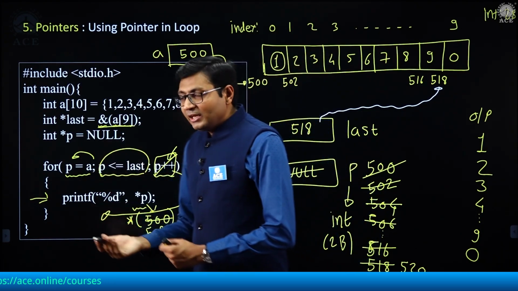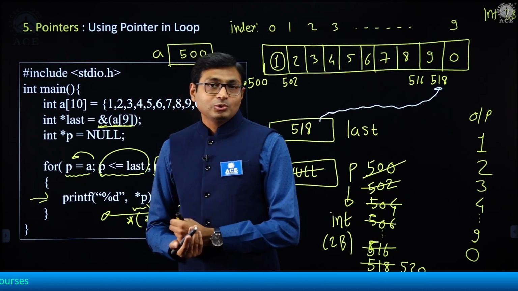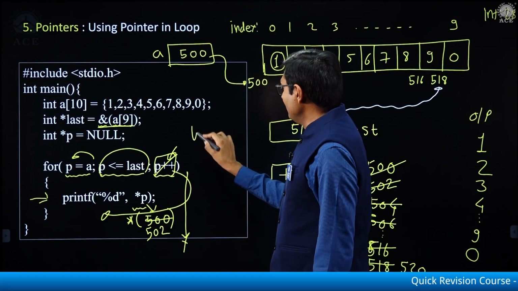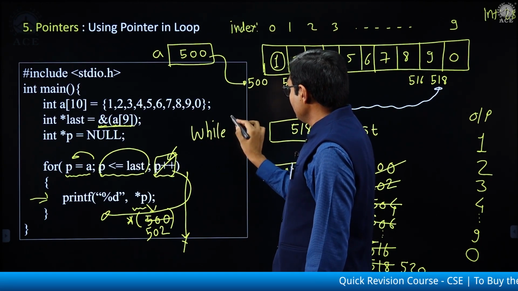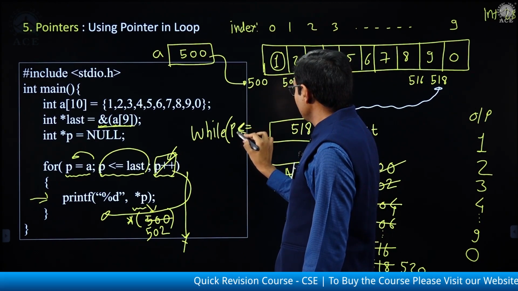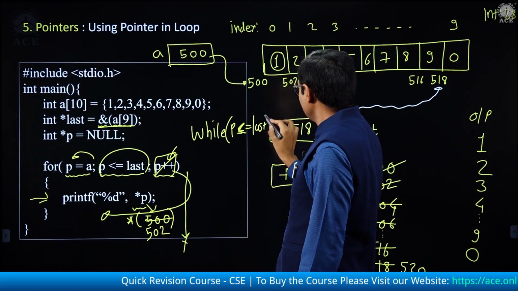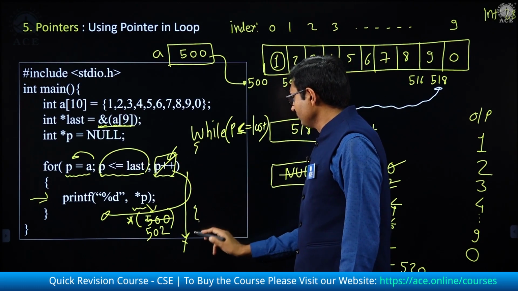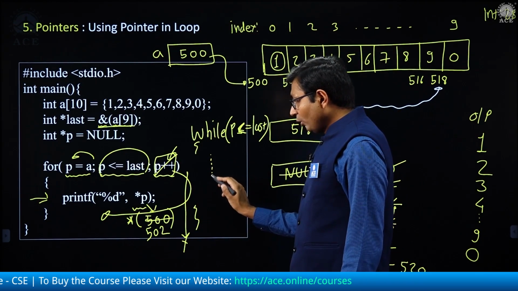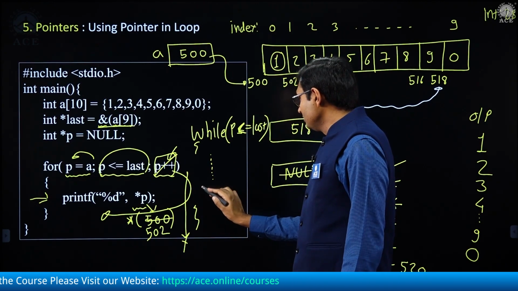The same thing you can achieve with the help of while loop also. Alright. You can simply write a condition while P less than or equal to last. So do the work whatever you want to and then just do P++.